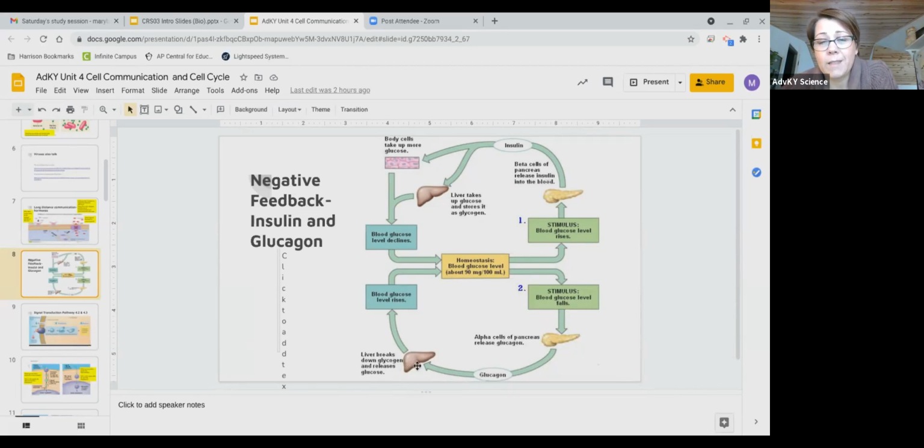Can you break that back down now? We need it. And so glucose levels will go back up and you're back to that set point. So again, negative feedback is going to get you back to a set point. And I'll mention it again, a lot of times with negative feedback, depending on what processes you're looking at, it really allows the cell to save some resources and save energy too.